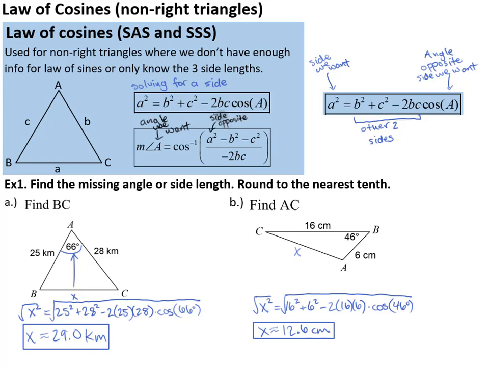And then everything else in this formula has to do with the other two sides. Okay, so now note that to use this to find an angle, you have to know all three sides. So to find a missing angle using the law of cosines, you need to know all three sides.